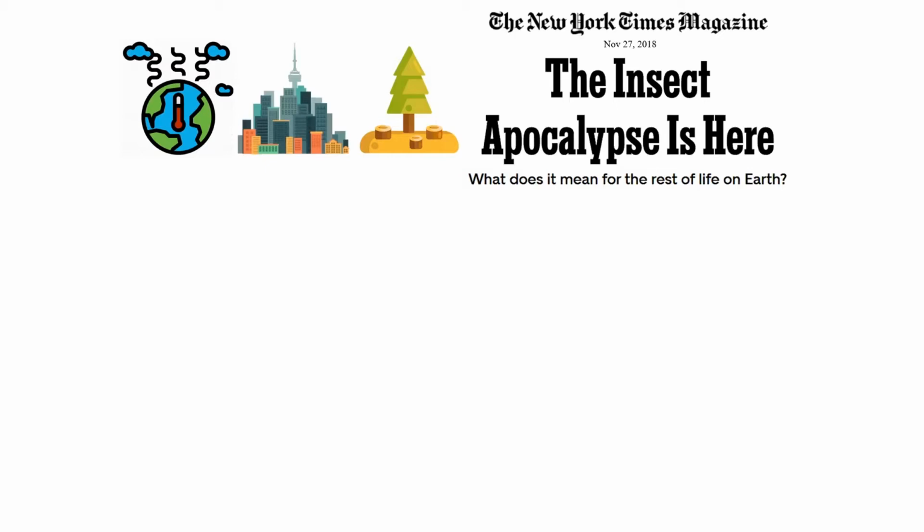And over the past several years now, there have been some alarming reports from various corners of the globe indicating that, hey, insects may be declining, and they may be declining at an alarming rate. And alarming enough to generate this New York Times Magazine headline 5 years ago, "The Insect Apocalypse is Here."